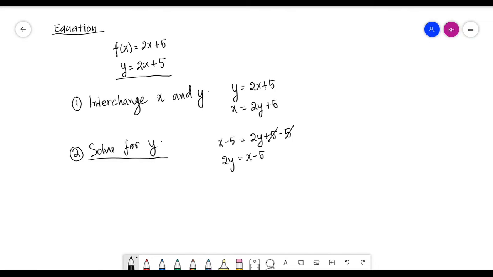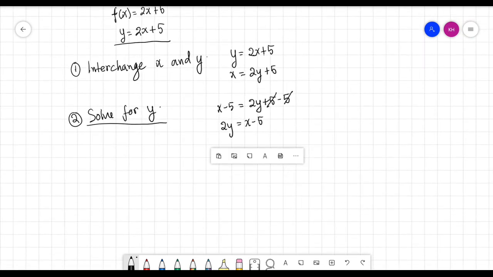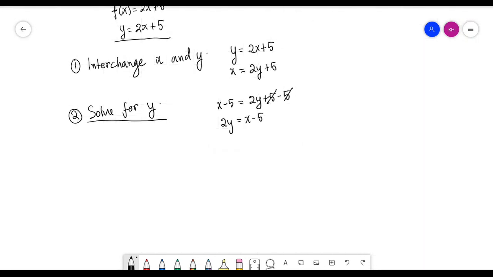I'm just flipping the sides. Nothing changed really. I just brought one to the left and took the other one to the right. And then I can just divide both sides by 2. So let me do that. That's going to help me to cancel out these two. And then I'm left with y equals x minus 5 divided by 2.